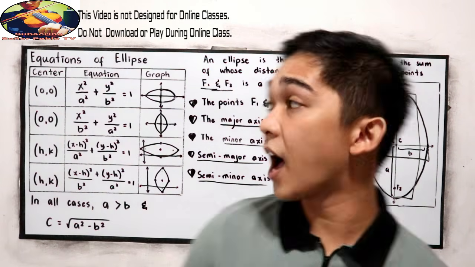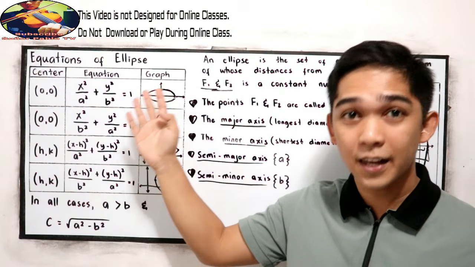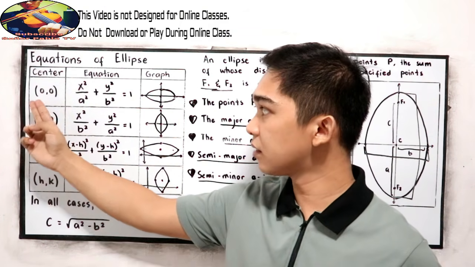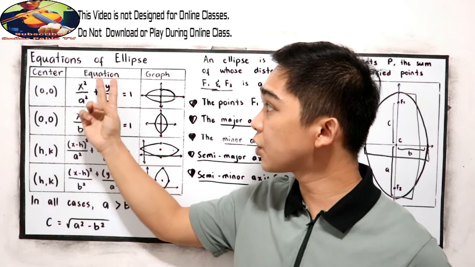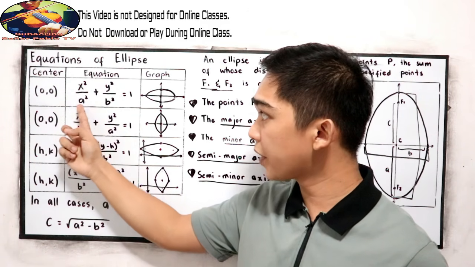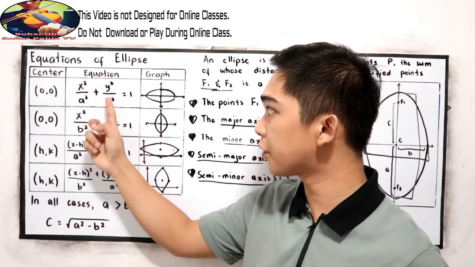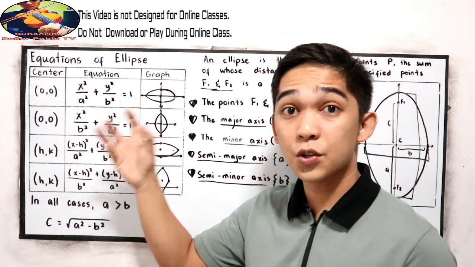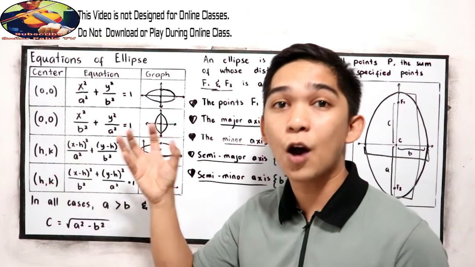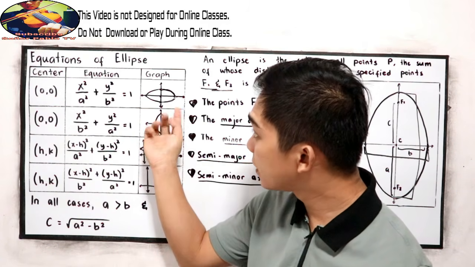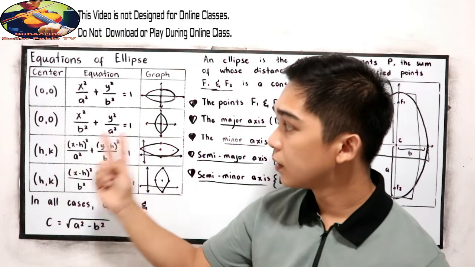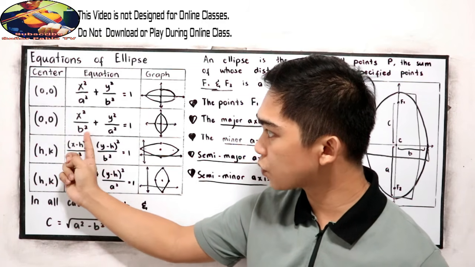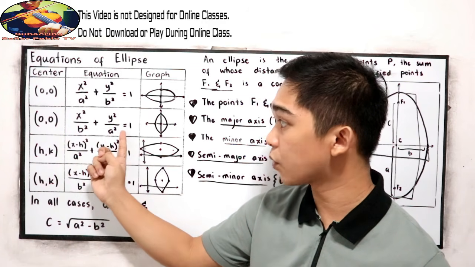And of course, we have the equations of ellipse. If we have the center 0, 0, and the equation is x squared over a squared plus y squared over b squared is equal to 1, the graph that you are going to expect will be in this form. And if your center is 0, 0, x squared over b squared plus y squared over a squared is equal to 1.